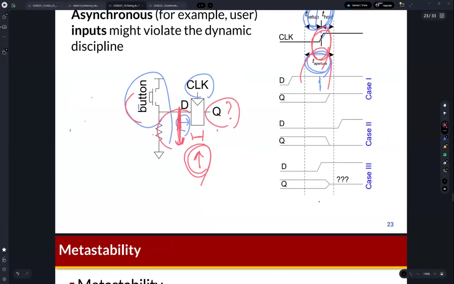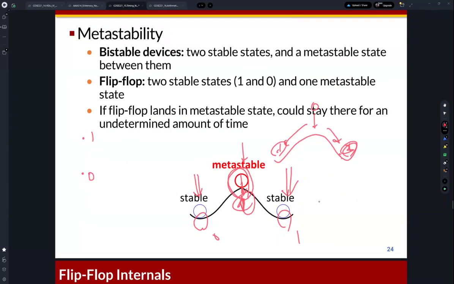Because the asynchronous signal input arrived at the D flip-flop during the aperture time, the state of the output signal can be here, a metastable state. Then you don't know the exact value of this signal. It can be maybe around the middle of 1 and 0, like this level.